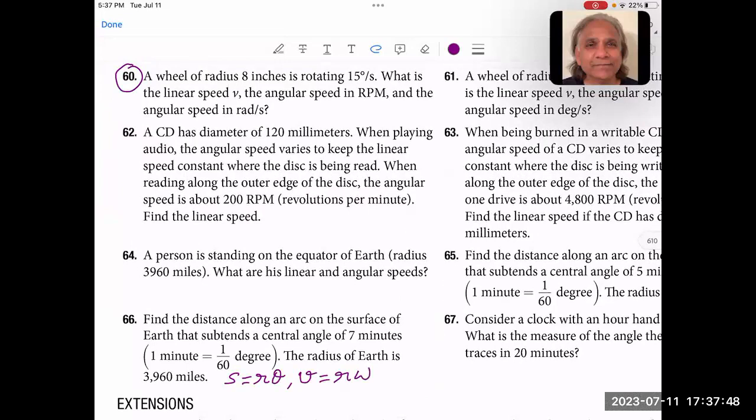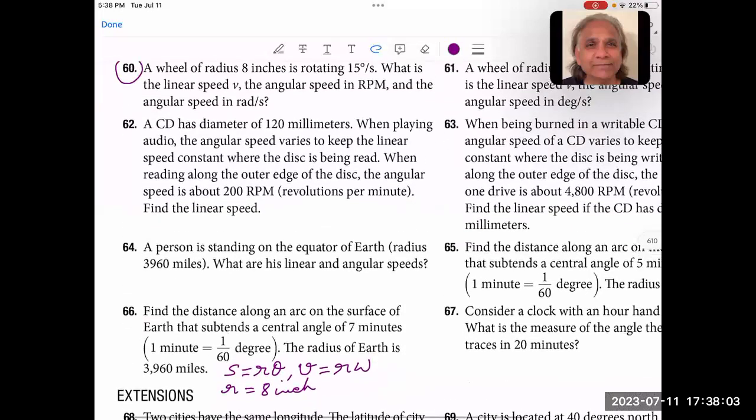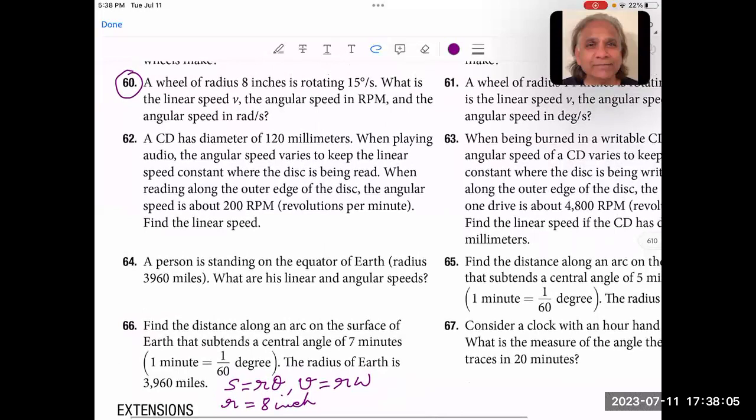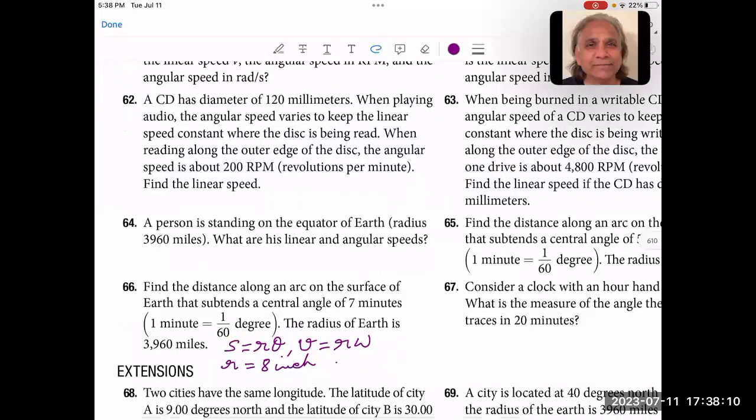So before we can use this equation to find the linear speed V, because we already know that R is 8 inches and the angular velocity omega is 15 degrees per second, we can't use this in our equation. It has to be in radians. So first I'm going to convert it to radians per second.